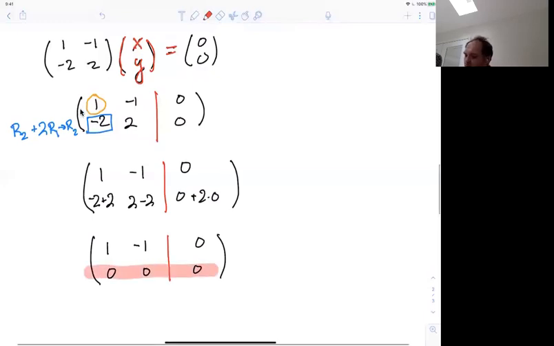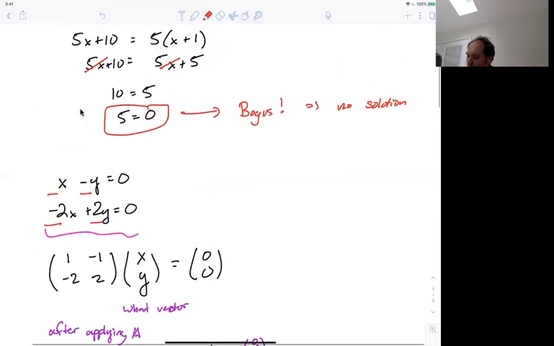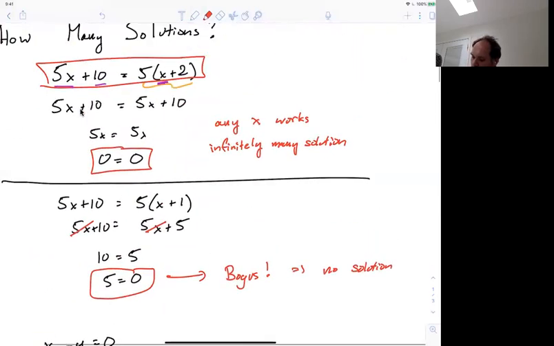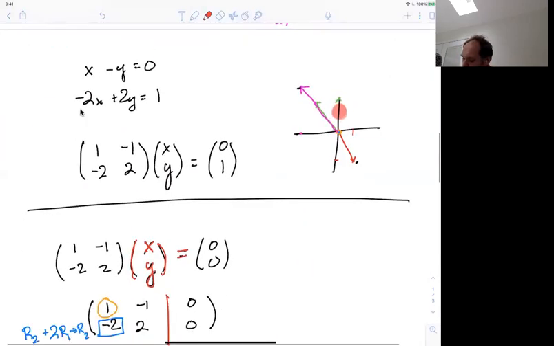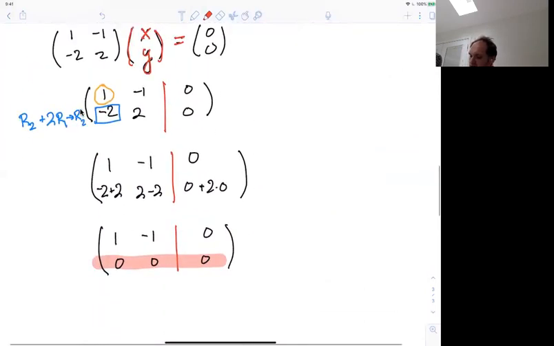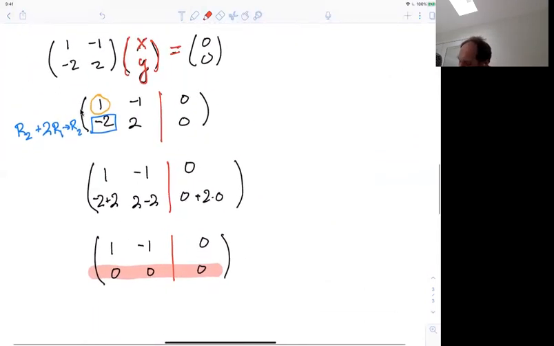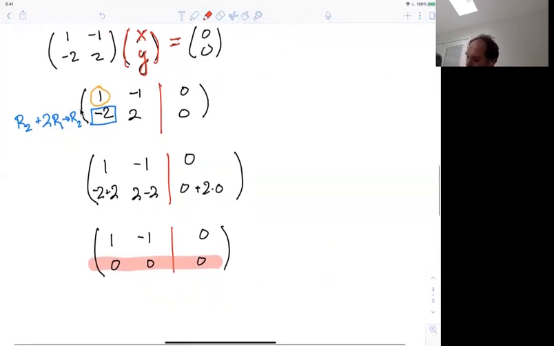Just like before in our original example, when we ended up with 0 equals 0, that indicated that we had infinitely many solutions. This is going to be true in the case of systems of equations. When you end up with a row that's 0 equals 0, in most cases that's going to indicate infinitely many solutions. We'll get to some other cases later. This is a strong indication there'll be infinitely many solutions. We're not going to be concerned about what those solutions look like, but this row right here indicates there are infinitely many solutions.